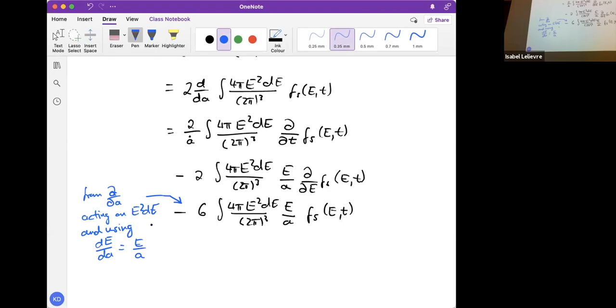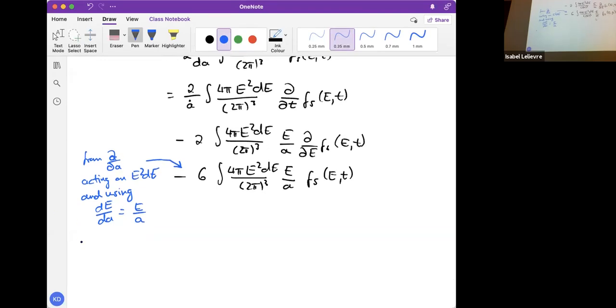So we can write the energy as some reference energy E0 divided by the scale factor, and this means dE over da is equal to minus E0 divided by a squared, which is minus E over a.